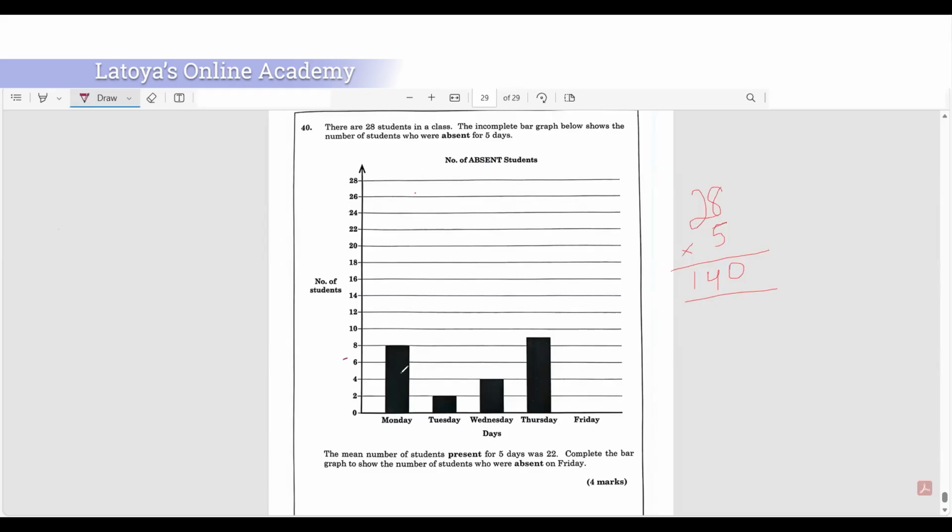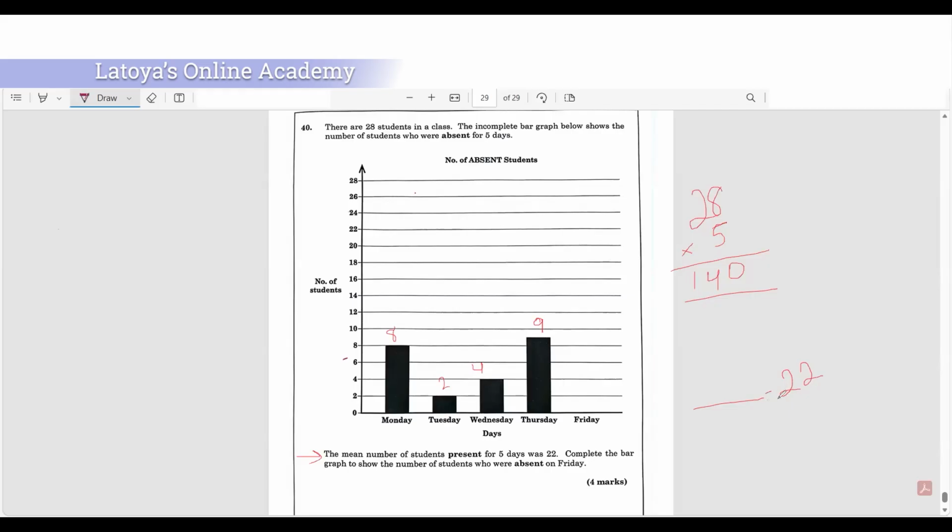However, this graph is only showing us the number of students absent. So here we have 8, here we have 2, here we have 4, and here we have 9 students that are absent. And then the question goes on to tell us that the mean number of students present for 5 days was 22. So we know the total number of students that is supposed to be present, and then they are telling us that we can work out the actual number of students who are present.